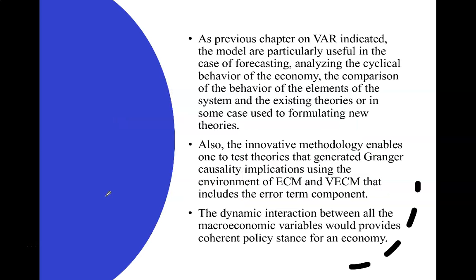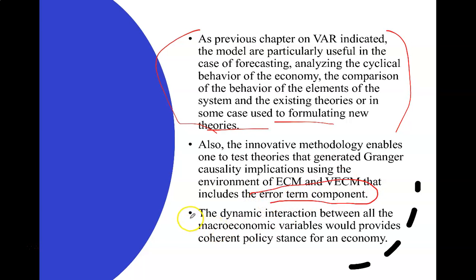VECM, Granger causality. All right, so certainly that has been indicated in the last chapter, number 6 especially. VAR is important for forecasting, analyzing the behavior, comparison, and so on, or formulating new theories. It can also answer the idea of Granger causality in the sense of ECM and VECM, including the error term component.